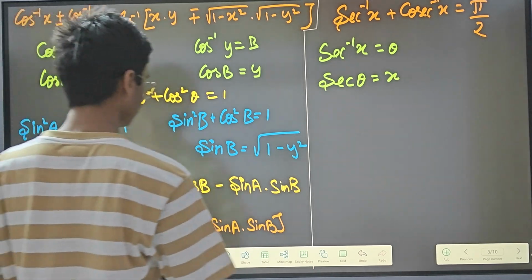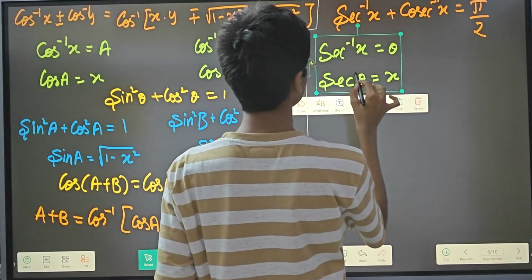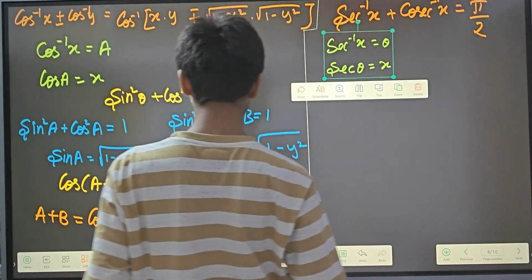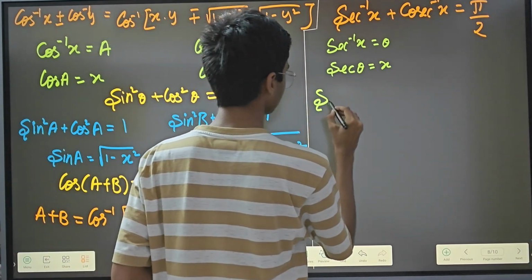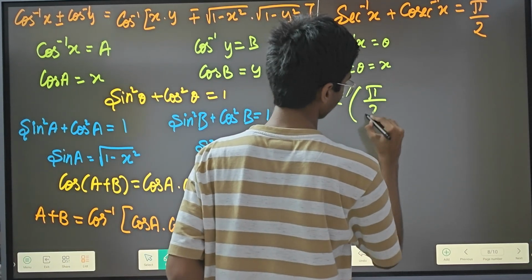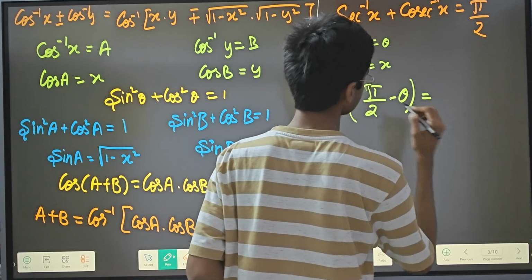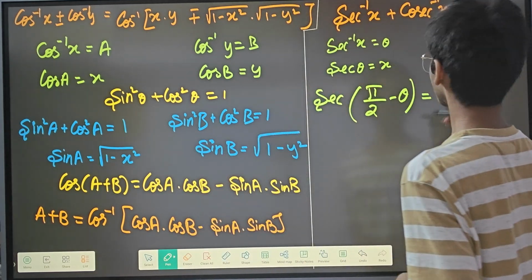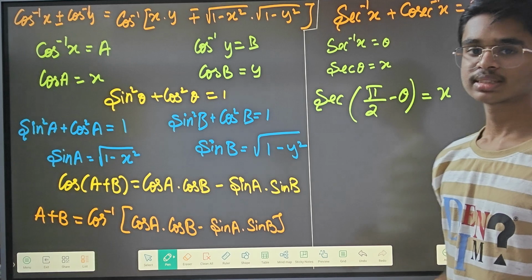Now we are going to do the same thing, converting to the first quadrant. So sec of pi by 2 minus theta is equal to x. What is x? x is sec theta, right?